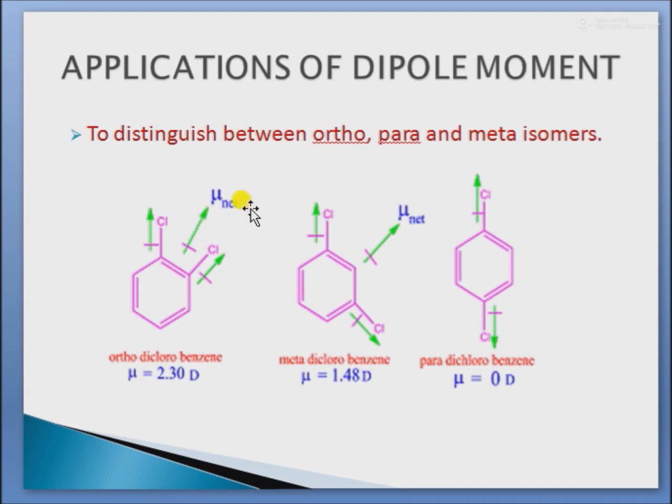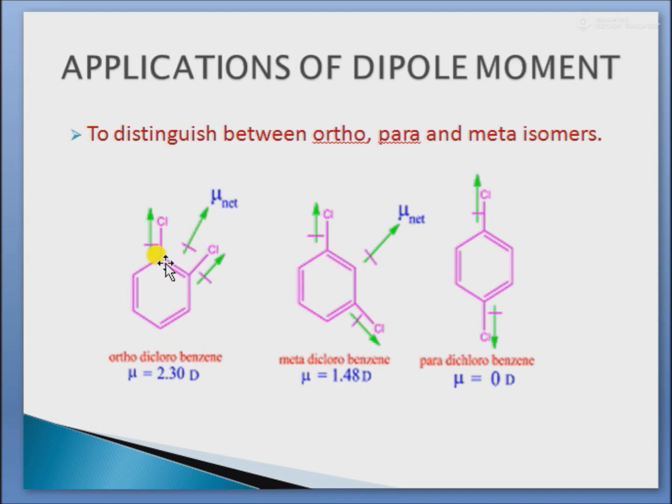Next application is to distinguish between ortho, para and meta isomers. This is an example of dichlorobenzene, in which chlorine atom is attached to the benzene ring at two different positions.